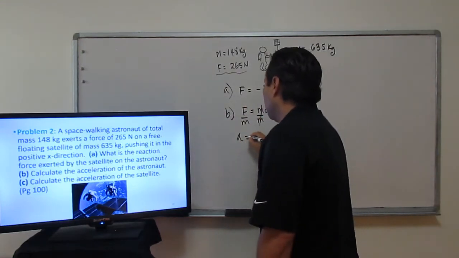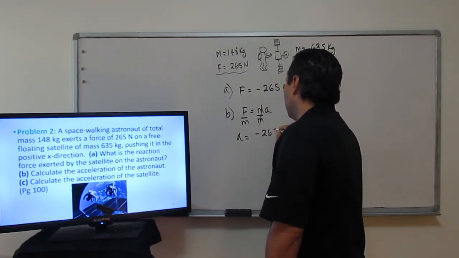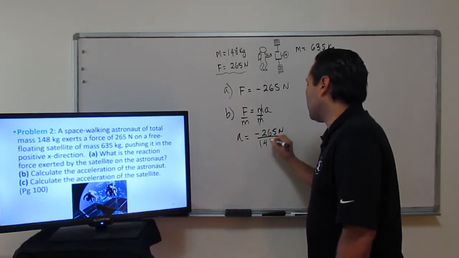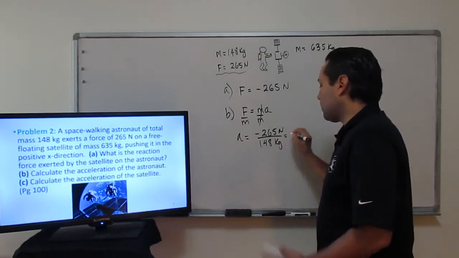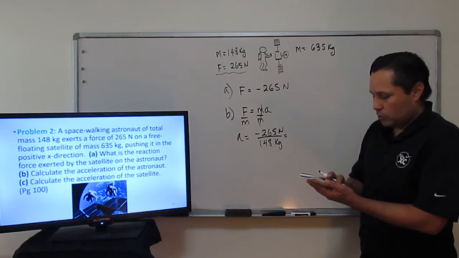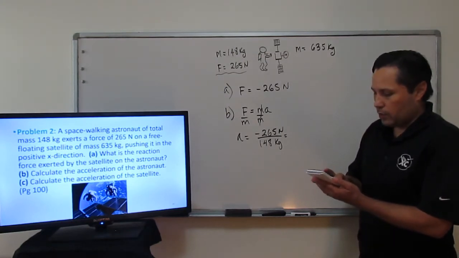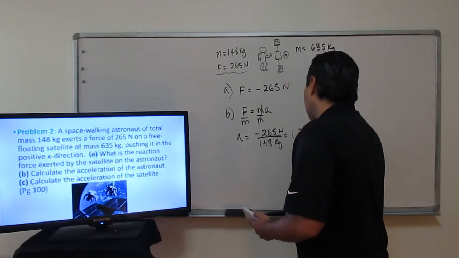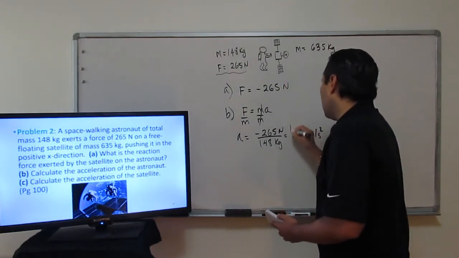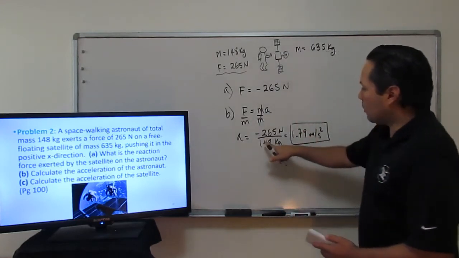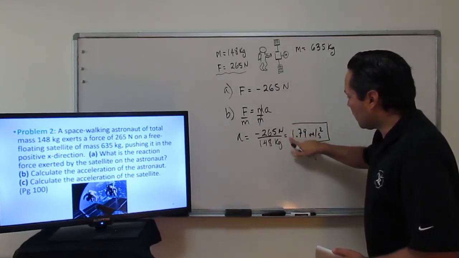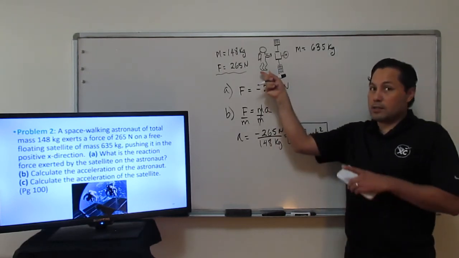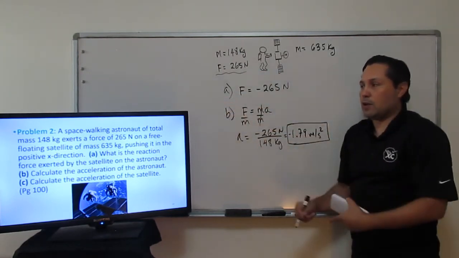So acceleration is going to be force, negative 265 newtons, and the mass of the astronaut, it is 148 kilograms. So we have 265 divided by 148. 1.79 meters per second squared will be the acceleration, and it'll be in the negative direction. Let's squeeze that in here. There we go, in the negative direction, because he is accelerating that way, which is the negative direction.